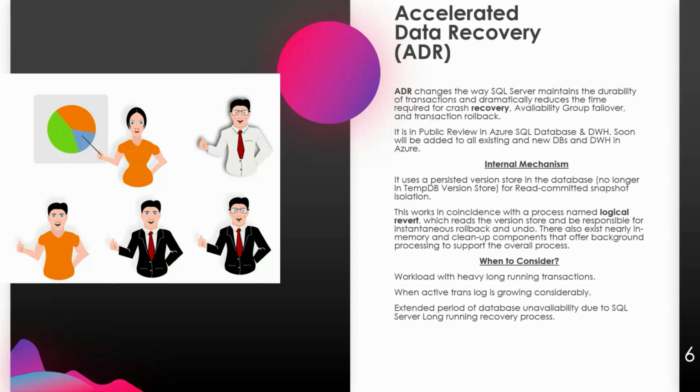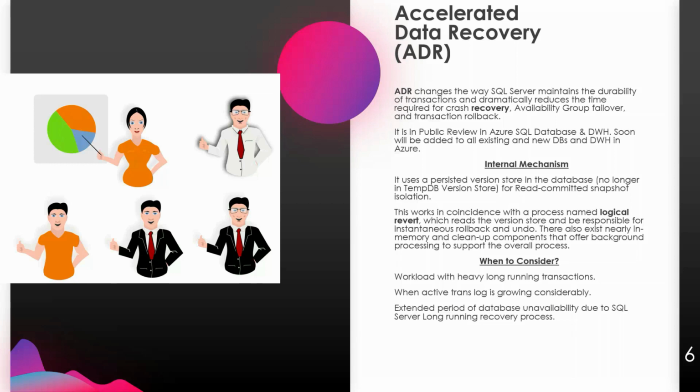It is in public preview in Azure SQL Database and Data Warehouse. Soon it will be added to all the existing and new databases and Data Warehouse in Azure. Now, what is the internal mechanism? So it uses a persistent version store in the database, which is no longer in the TempDB version store, for read committed snapshot isolation.